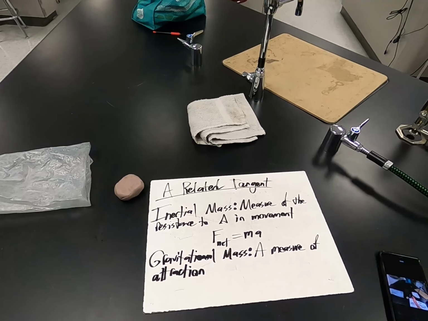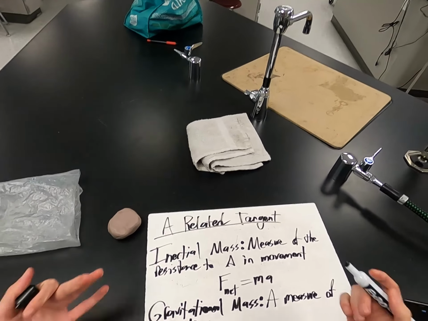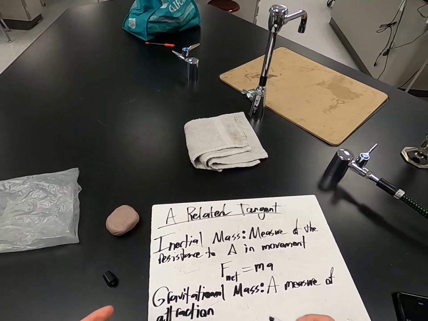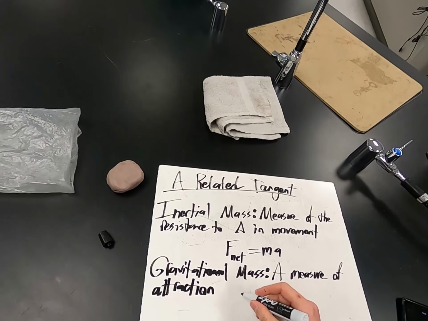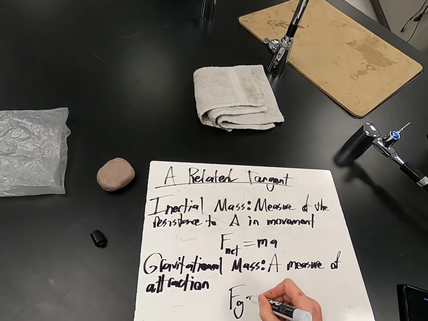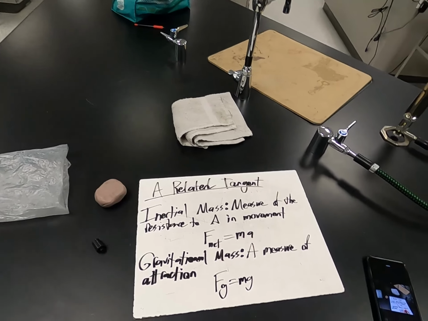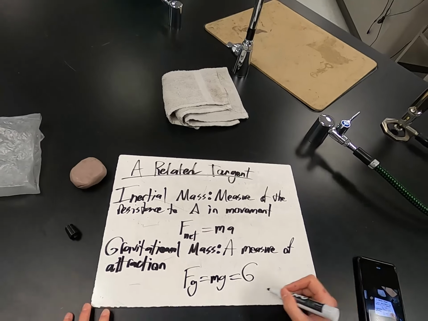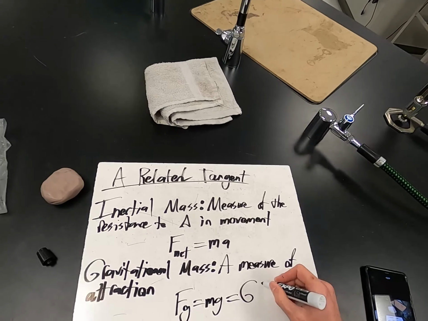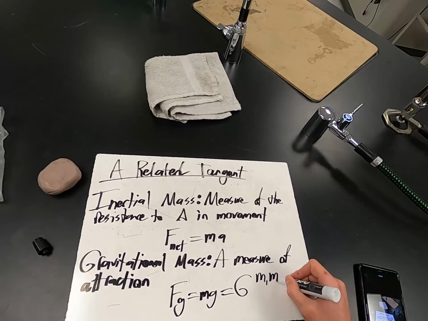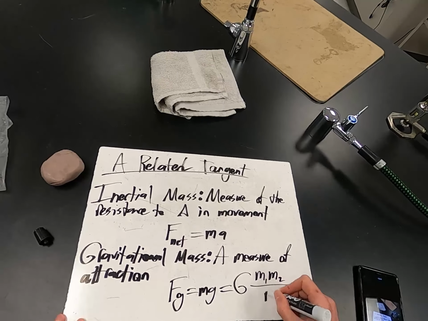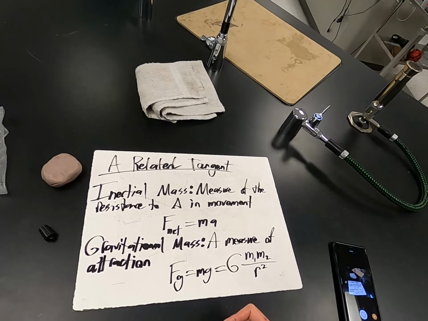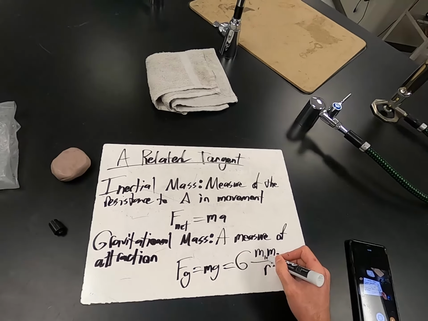Now, the neat thing is that these are two very different concepts. The great thing about it is these two values actually are the same. And there's a force of gravity equation that's not just mg. This mg is actually just on Earth. The version of gravity that works everywhere in the universe uses this big G, a gravitational constant, and then it uses the mass of one object, the mass of the second, divided by the square of the distance between them. The neat thing is m1 for us is usually Earth.